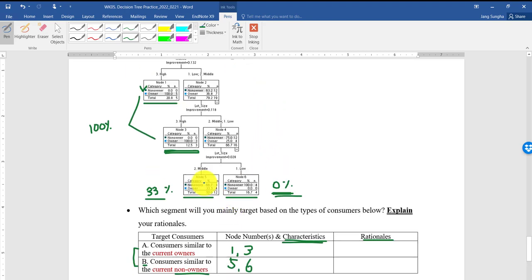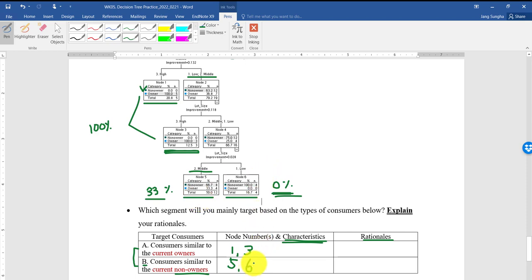But what if I target node 5? Their characteristics are that their income level is low or middle, and their lot size is also middle. Possibly because their lot size is not that big, many people do not need riding mowers. That could be the reason.